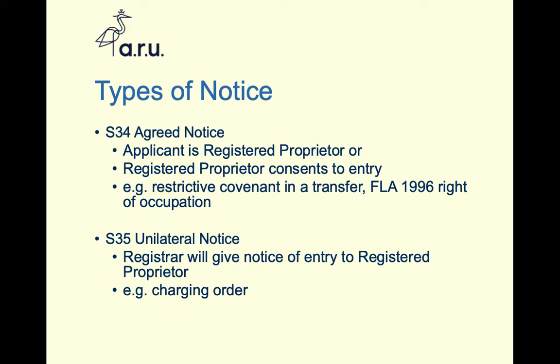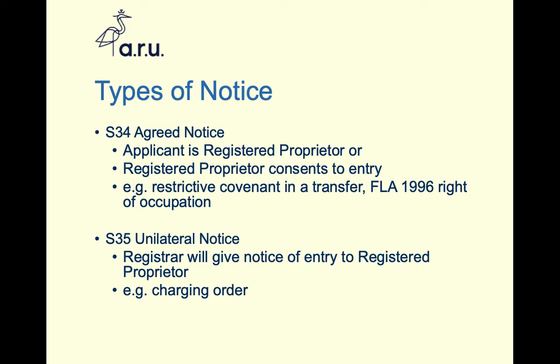So, for example, the bank who are placing the charge upon the land will apply to Land Registry to become the registered, just registrable disposition of the charge. They will also apply for a restriction, which we'll look at in a moment, and then the registrar will just tell the owner that that's what's happening.